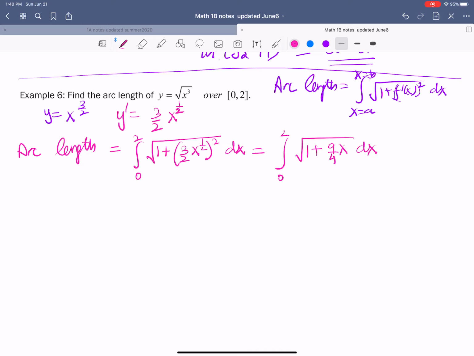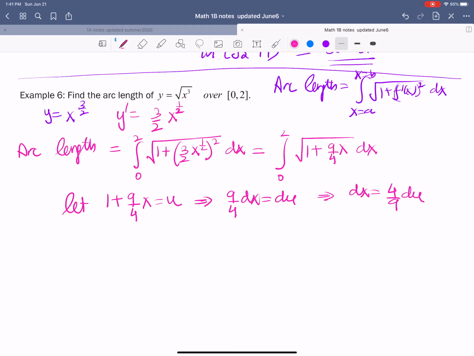Again, this is a simple u substitution problem, so I can let 1 plus 9 over 4 x be the u, and that means 9 over 4 dx be du. That means dx be 4 over 9 du. Okay, 4 over 9 du. All right, what are we left with? Okay, the bounds. Let's think about when x is 0.